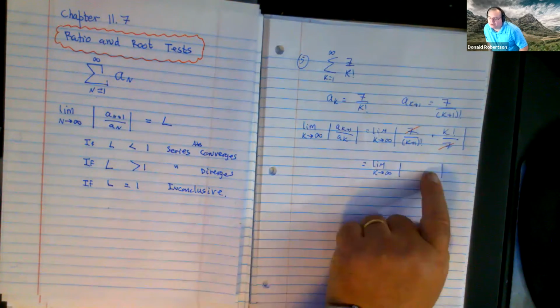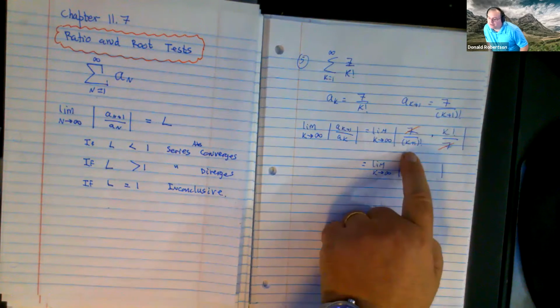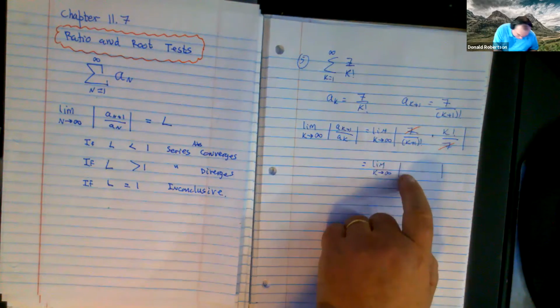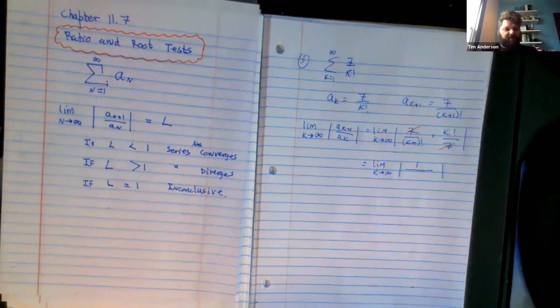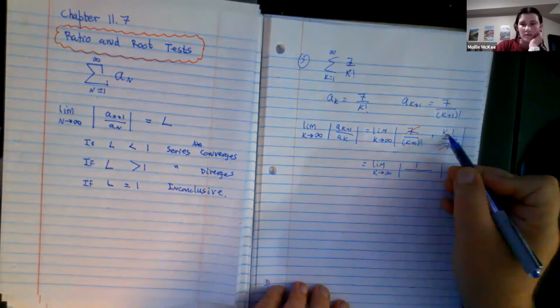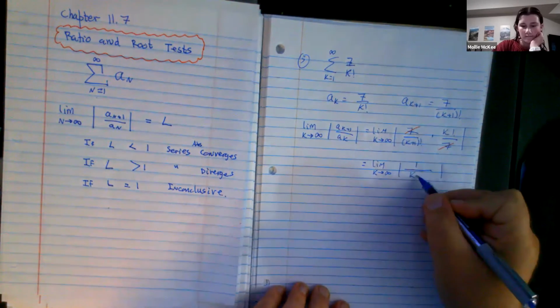If k factorial kills off most of the k plus 1 factorial, what's going to be left on the bottom? A single k. Almost. Should be k plus 1. K plus 1. Agreed?